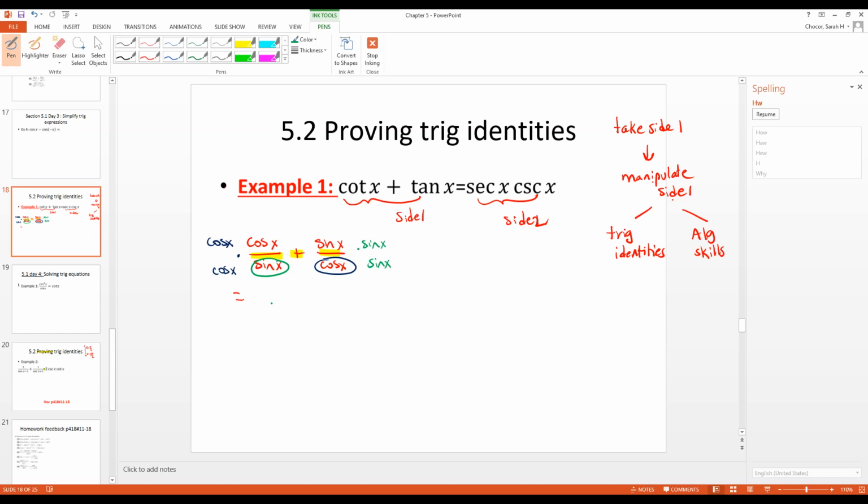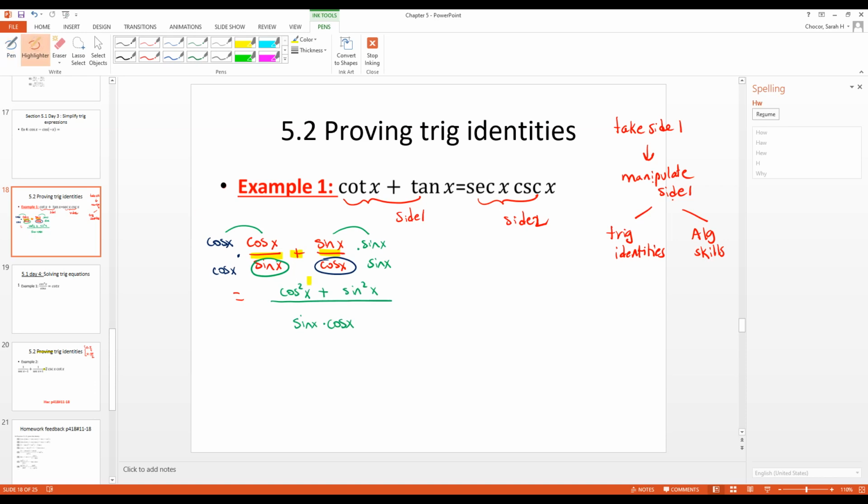That way I got a common denominator. So I'll write those two fractions as one. The common denominator is sine times cosine. It doesn't matter the order because it's a multiplication. So this is where my algebra skills come handy. The numerator, cosine times cosine is cosine squared plus sine times sine is sine squared.